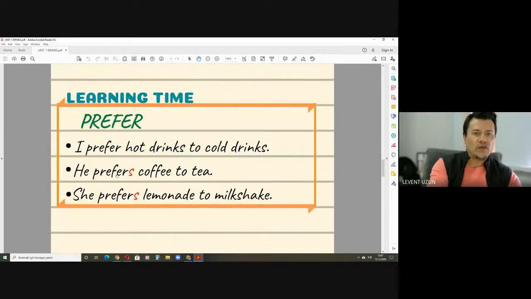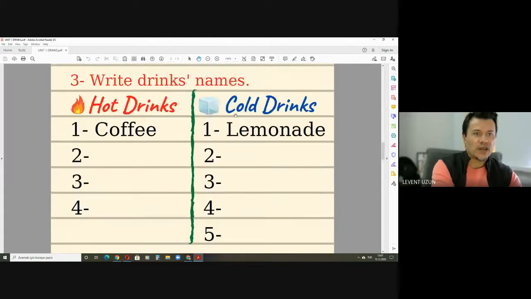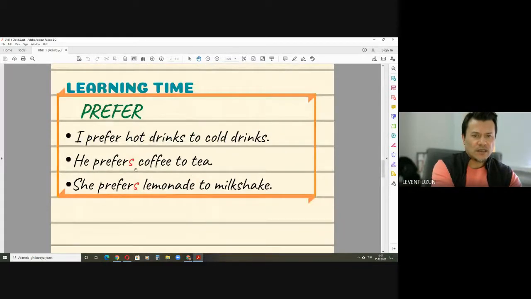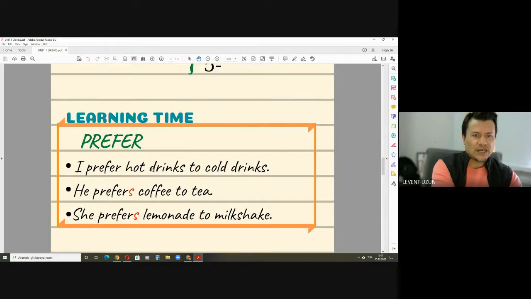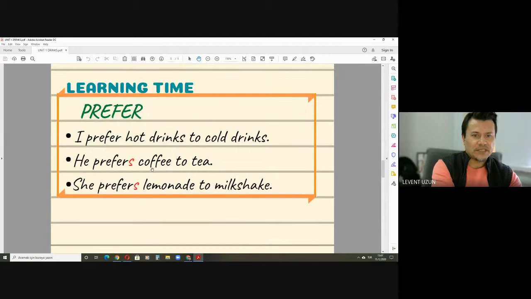I prefer, he prefers. Okay, so you teach something new, simple present, that you will practice with this hot and cold, I guess. He prefers coffee to tea. This is a structure, prefers something to something. She prefers lemonade to milkshake.